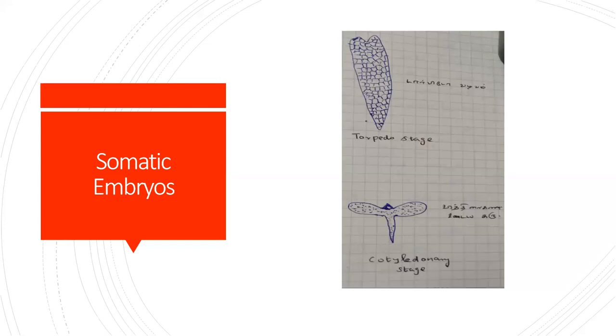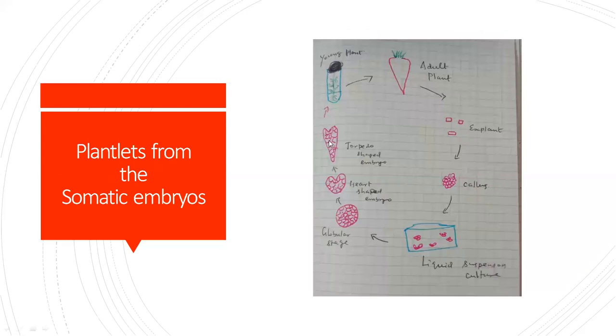The plants produced through somatic embryogenesis are genetically similar to the parent plants. That means clones, genetically identical, genetically uniform plant populations are found through somatic embryogenesis. And this embryogenesis does not involve sexual recombination.